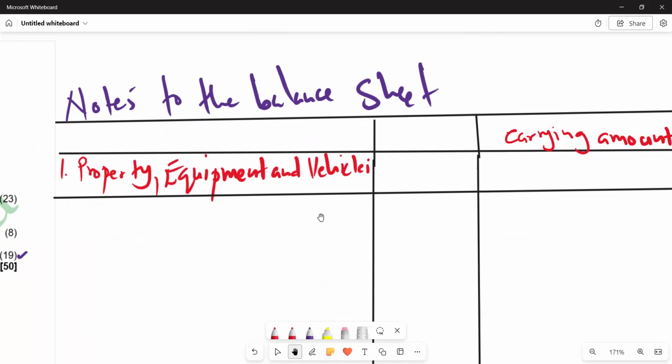Remember, this question does not have depreciation, so we're just going to take the cost price of the equipment given in the trial balance and put it there, and then get the total that represents our property, equipment, and vehicles in the balance sheet.